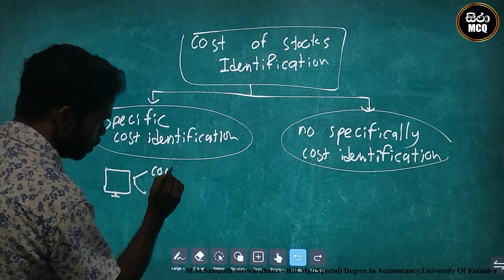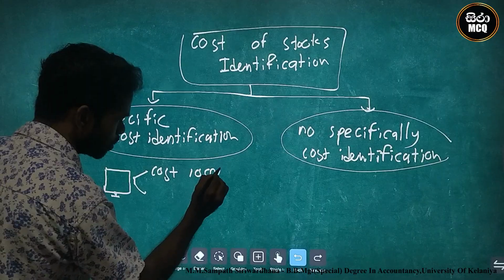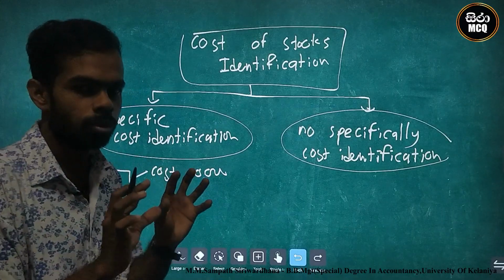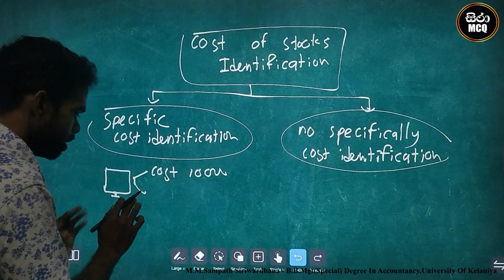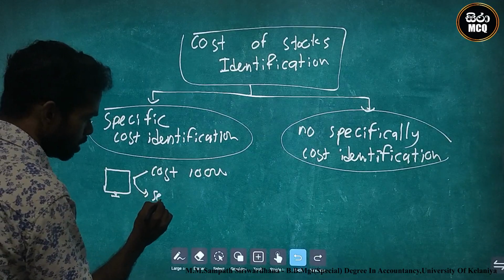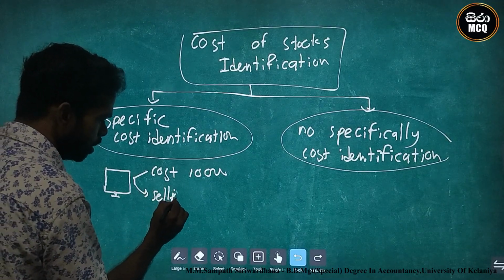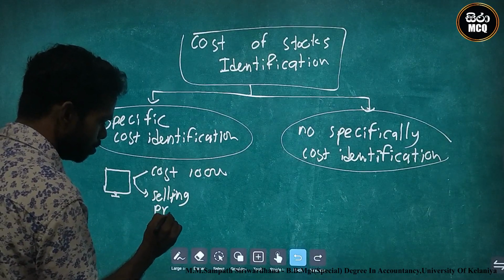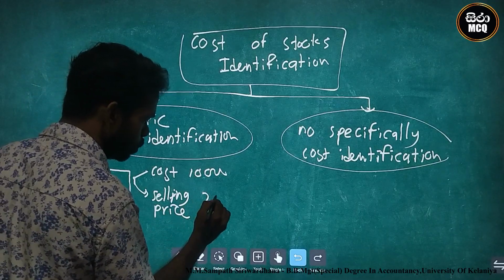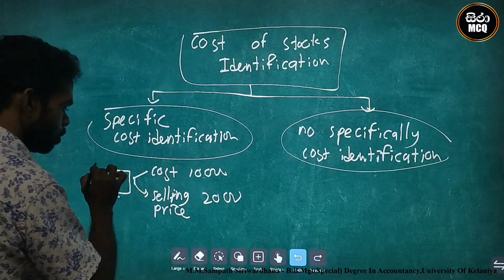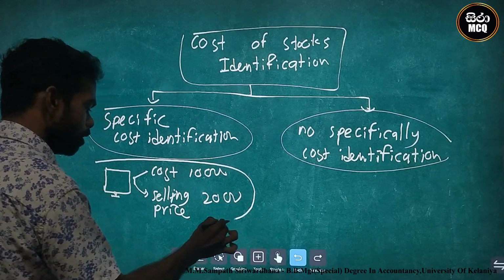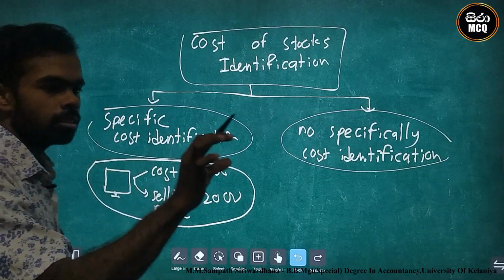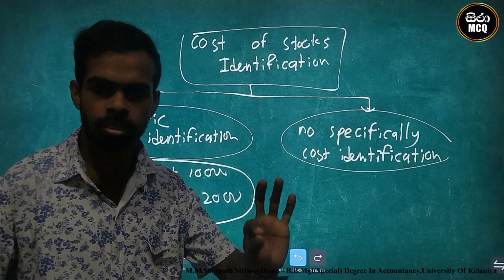The cost of this monitor, 10,000, is specifically included in the system, and the selling price is 20,000. This is already included in the barcode system.